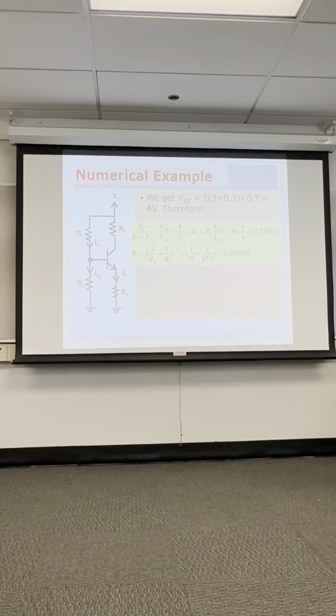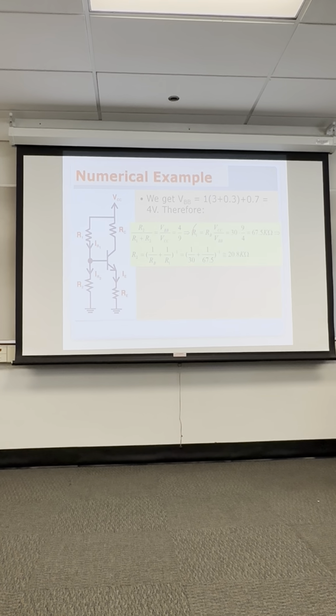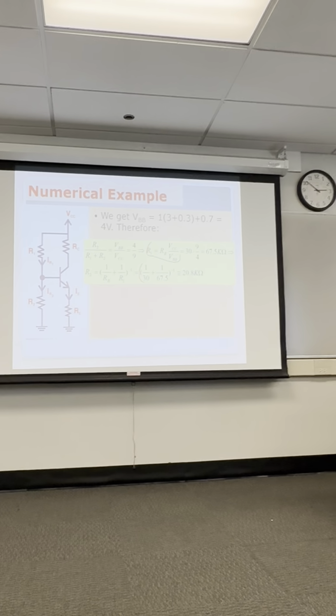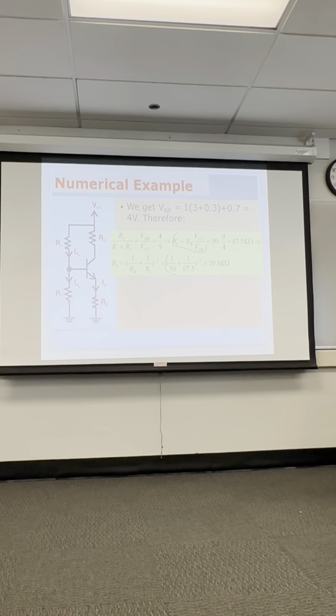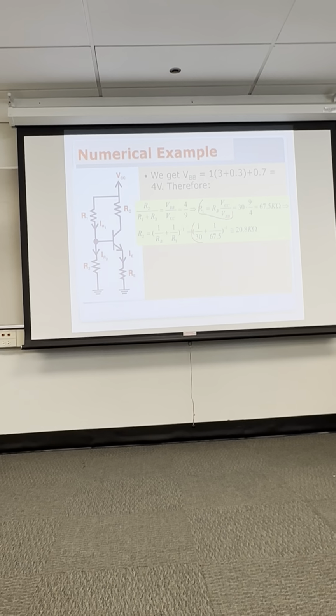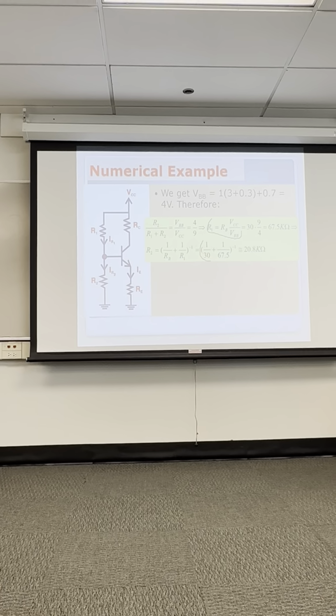and now solve for the 2 base resistors. Here's our one equation, and this is our 2nd equation here. R1 is around 67.5 K, and R2 is about 20.8 K ohm.